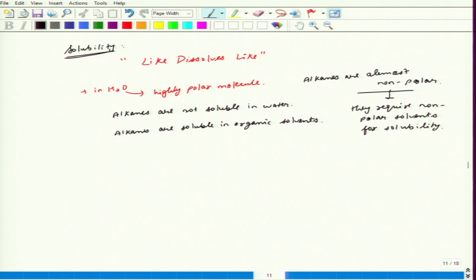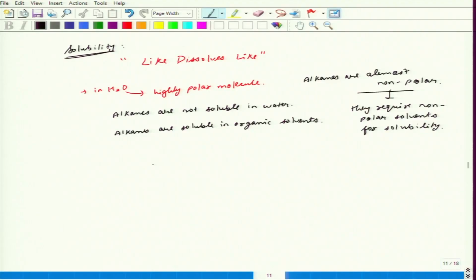You must be wondering why we are discussing the solubility of alkanes and what use it is. There is one practical use of it.